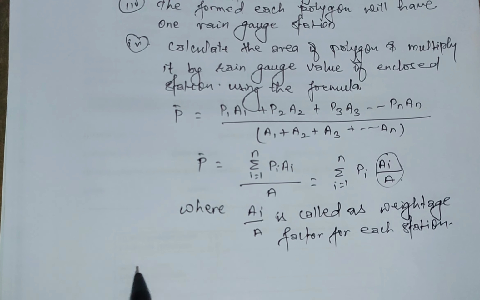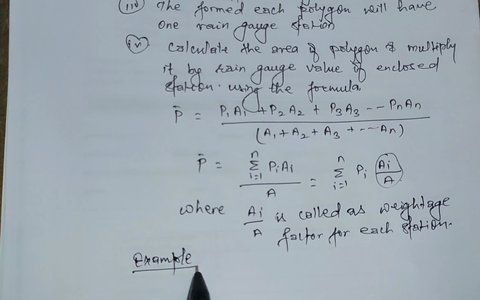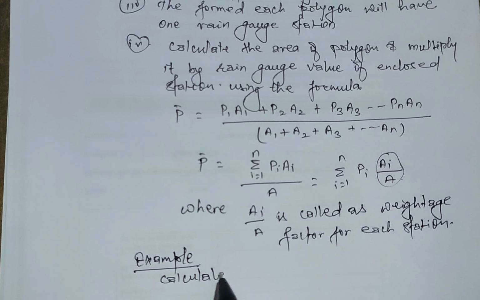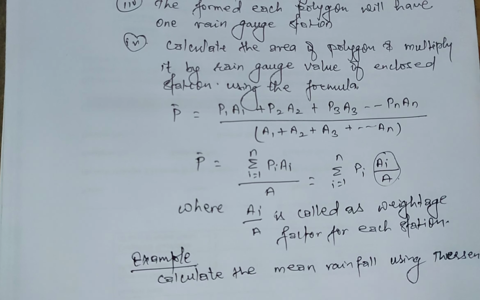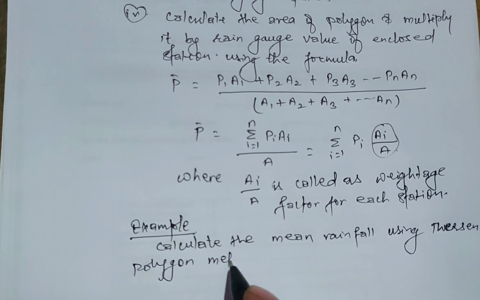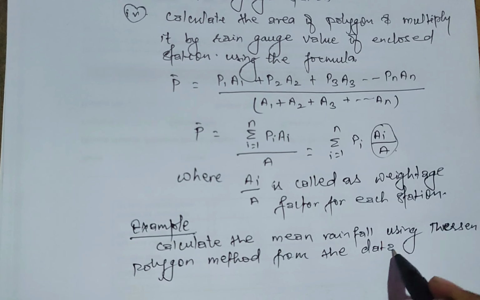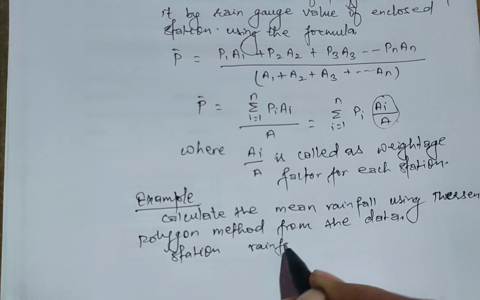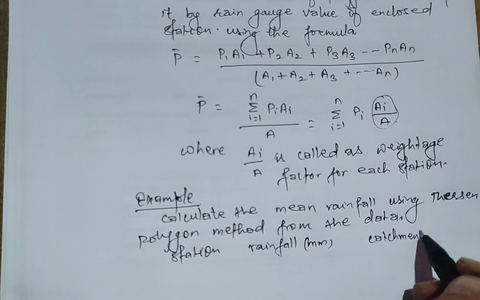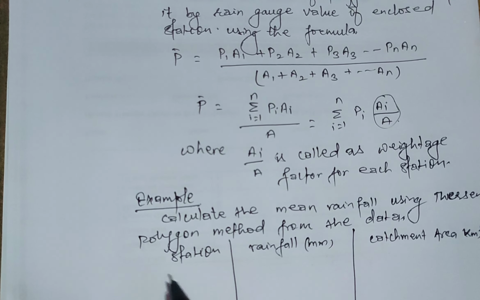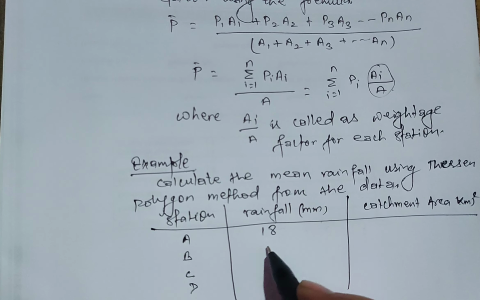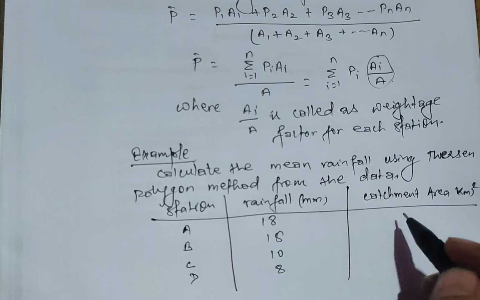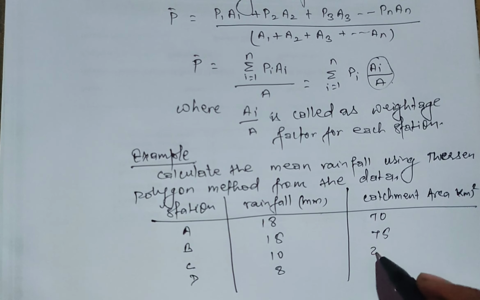So now let's get clarified by solving an example. The given question is: the given stations are A, B, C and D with the rainfall data 18, 15, 10 and 8, and having the catchment area 70, 75, 80 and 30.